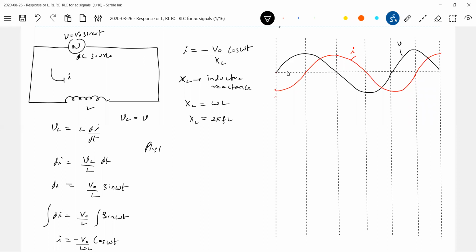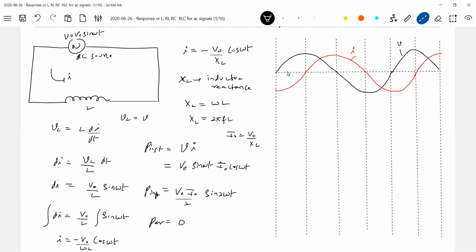P instantaneous is equal to V into I. V is Vm sine omega t, and I is I naught cos omega t, where I naught is V naught by XL. So this will be V naught I naught by 2 sine 2 omega t. So what is the average power? It should be 0 in one full cycle.